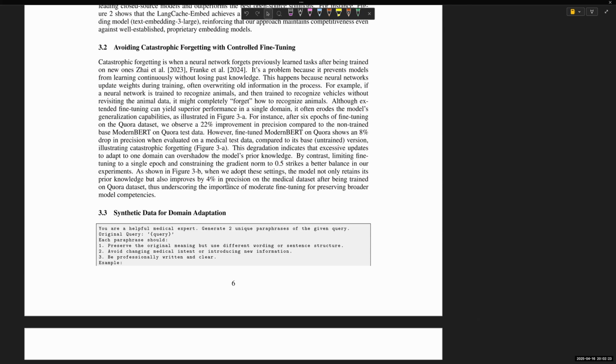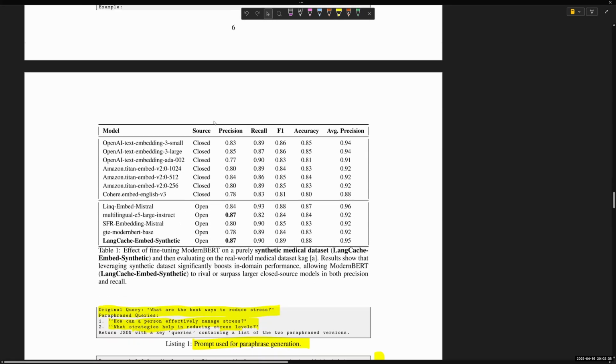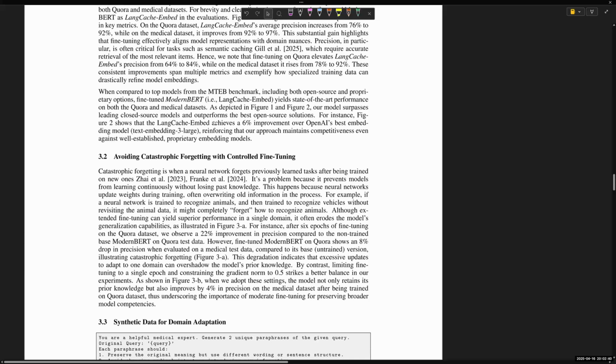So it's understandable, and there are ways of preventing it, like not doing too excessive updates and so on. But we won't do that. That is common sense. Catastrophic forgetting is always something that you have to watch out for and do a controlled fine-tuning. So there is nothing special with this fine-tuning. It is the way fine-tuning works.